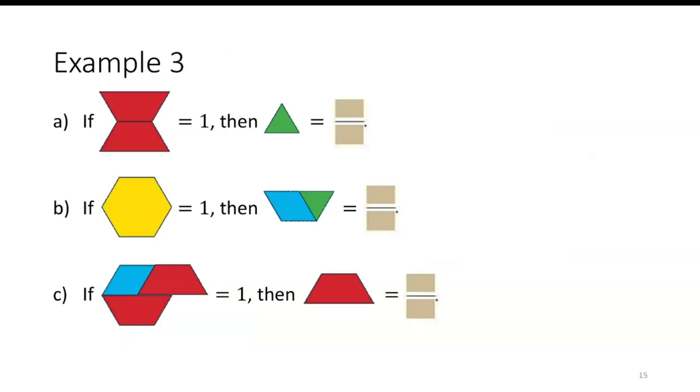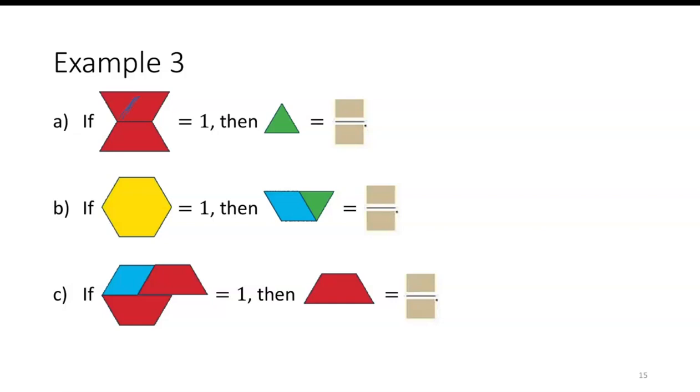But let's suppose these two trapezoids stacked on top of each other represent one whole unit. Then a triangle would be what fraction of that unit? So the idea is, if you want to figure out what the fraction is, we need to figure out how many ways I can break this shape up into triangles.